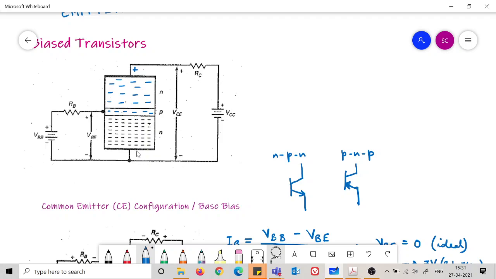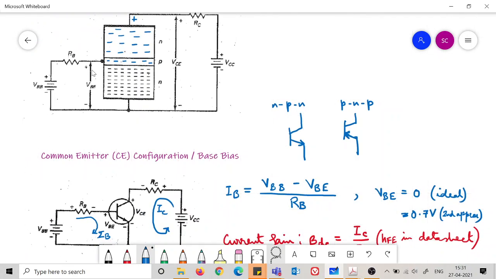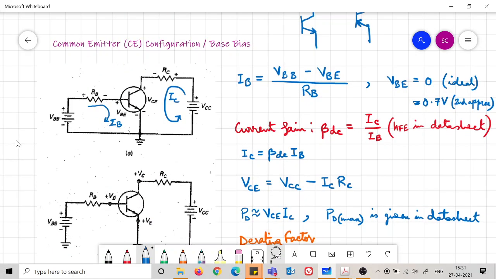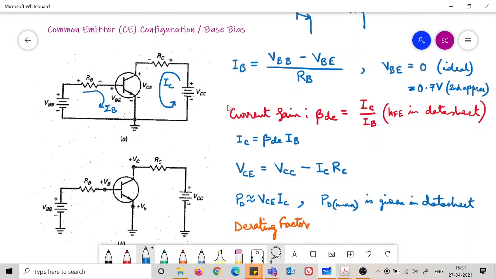So that is the reason for them being called emitter and collector. What is base? I really don't know why the name of base has been given, but these are nomenclatures. So this is how we restrict the base current. RB is typically very high.